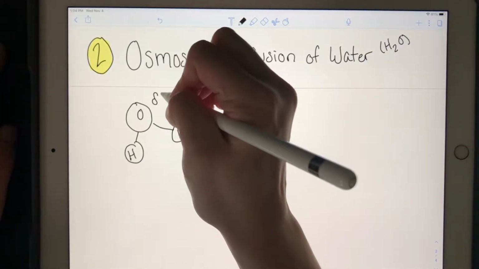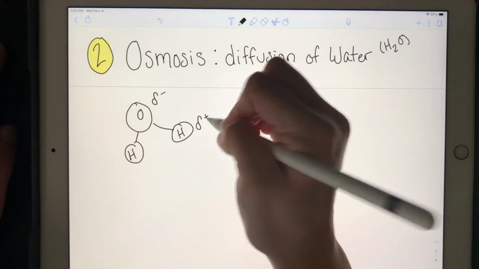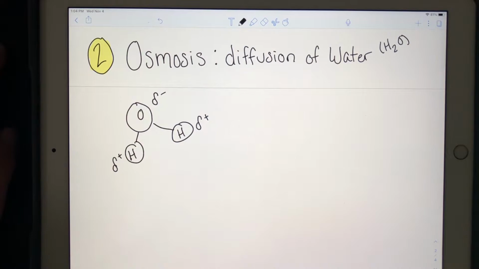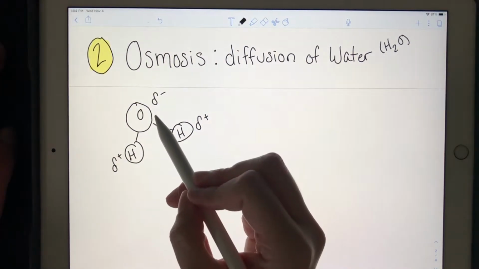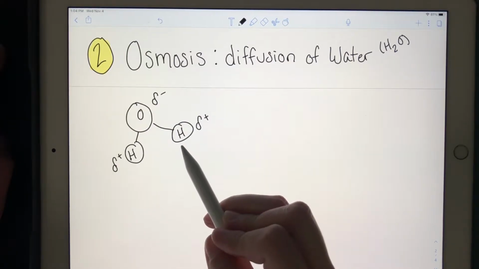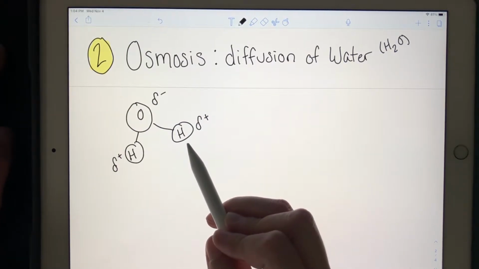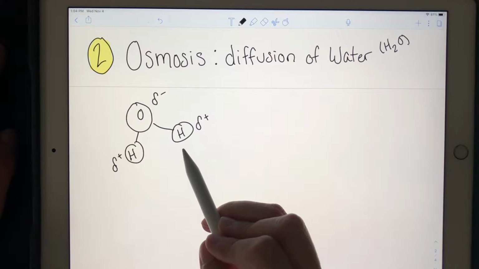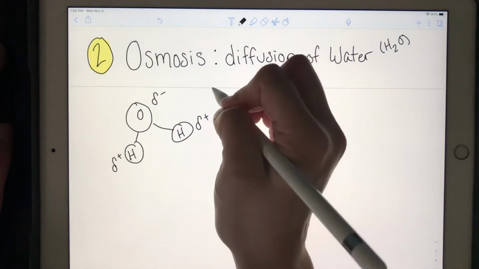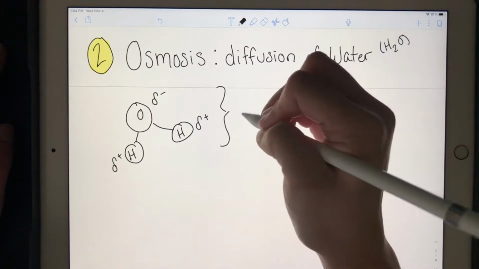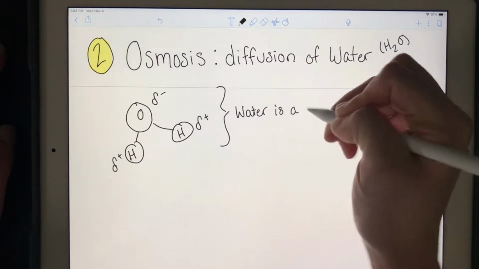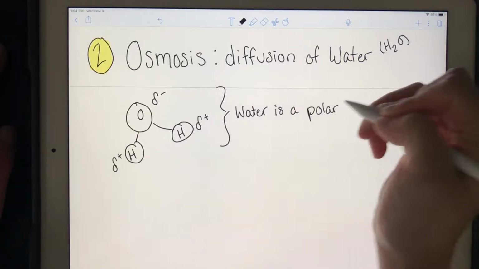And remember, water is a polar molecule. A negative dipole on the oxygen because the electrons are spending more time around the oxygen, and because they spend less time around the hydrogens, we have a positive dipole there. So this means that we have a polar molecule.